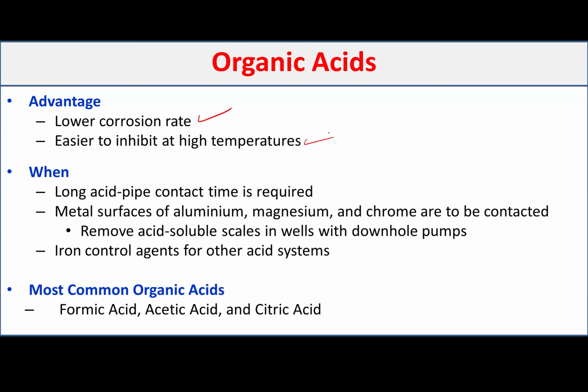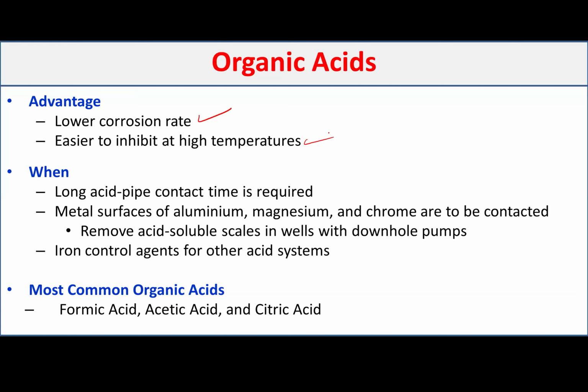In this case, you don't want this tube to be dissolved significantly in the acid during your acid treatment. So for these cases, if the HCl is too corrosive for it, we are using organic acid, either acetic, formic, or citric acid for that.